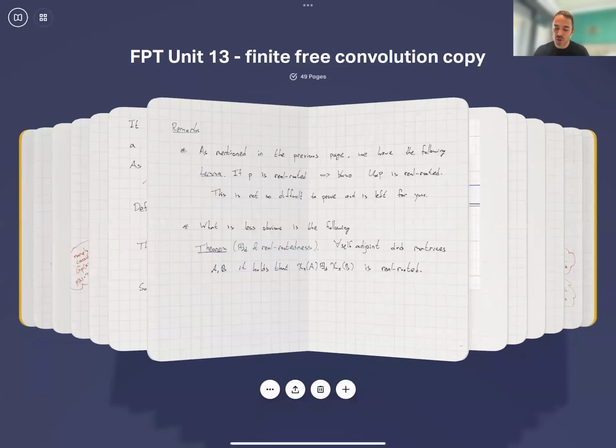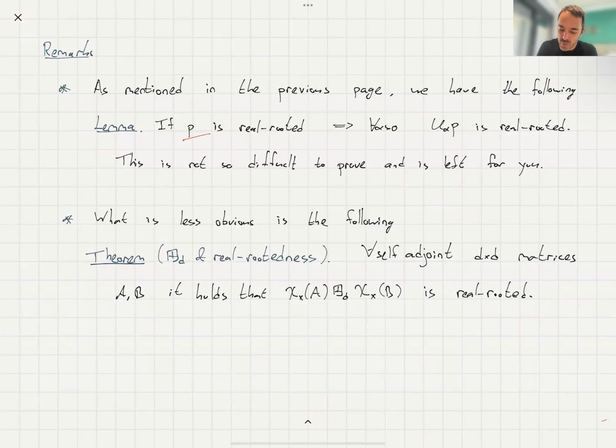And indeed, what you can show is that if you start with a real-rooted polynomial, then this operator also produces a real-rooted polynomial. It's not trivial, but it's not so hard. I'll leave that to you. You should just remember that the derivative of a real-rooted polynomial is real-rooted, right?